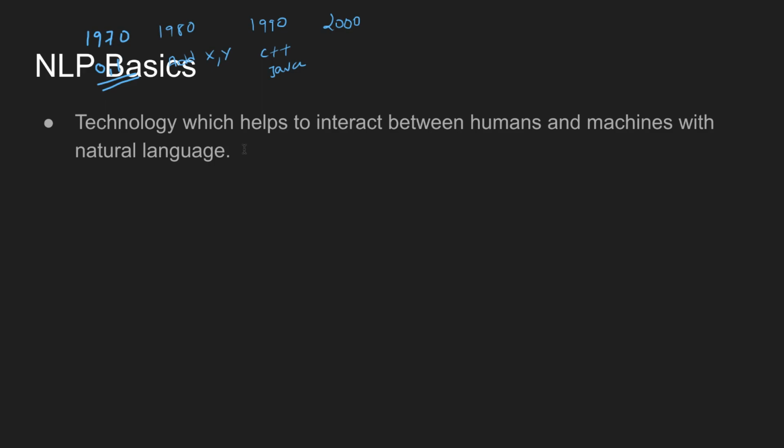For example, if I want to book a movie ticket or a flight ticket, I can just ask Siri to book tickets on a particular date, for particular members, like that. So here that application is trying to reduce the manual effort and help us in many ways. That's the power of natural language processing.